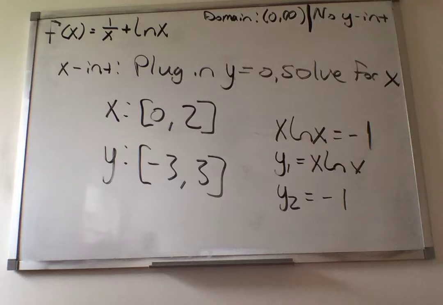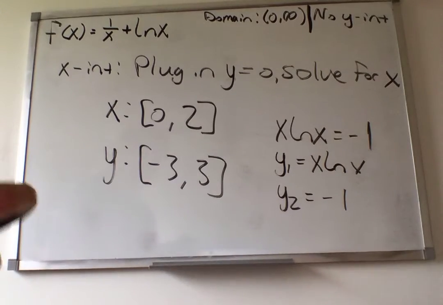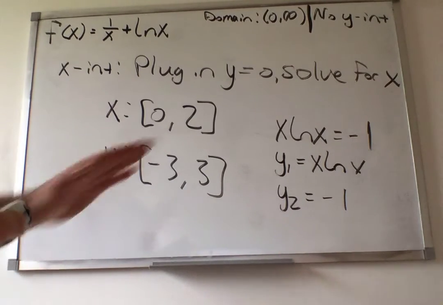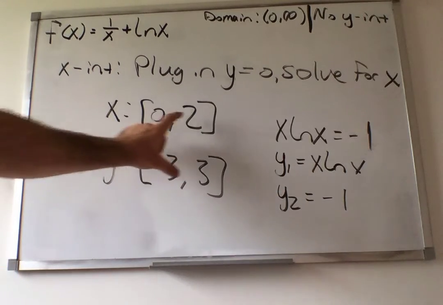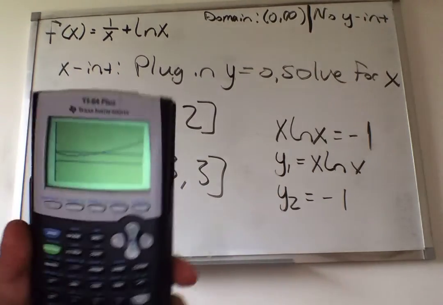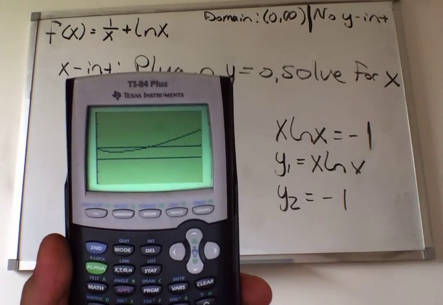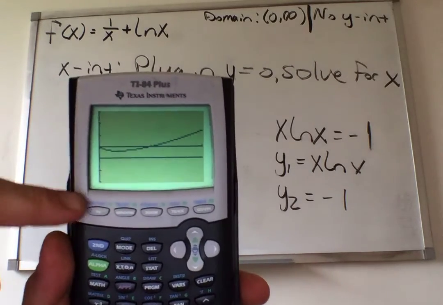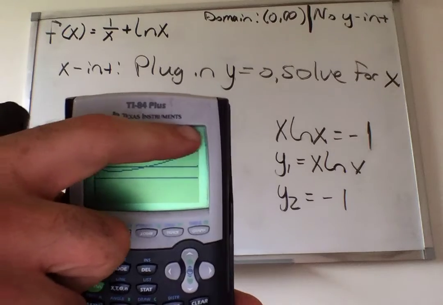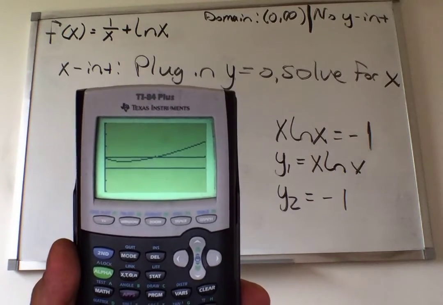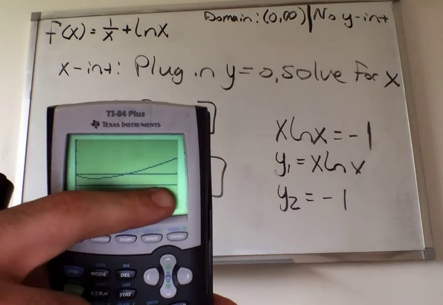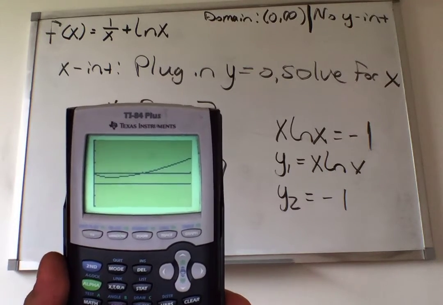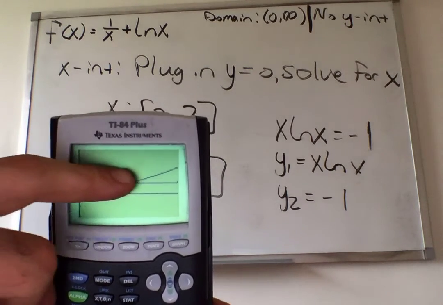And see, my calculator is drawing it right now. If you were to look at this graph with this in y1, this in y2, and these windows, here is the graph. As you can see, the curved line that goes up is my x ln of x graph. This horizontal line down here is the y equals -1 graph. The one going through the middle is just the x-axis.